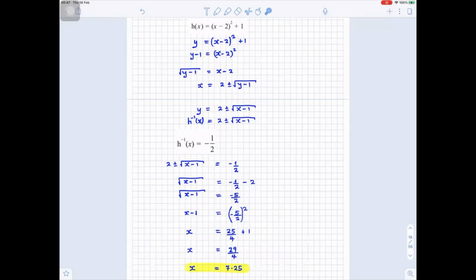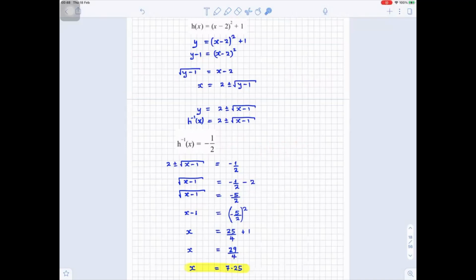That's how you can find the inverse of h first, and then equate it to minus a half and solve it. So what we did was we found h inverse and then made it equal to minus a half, and then we solved for x.